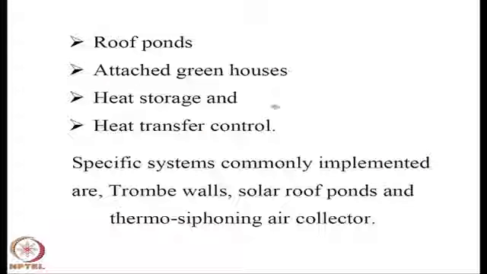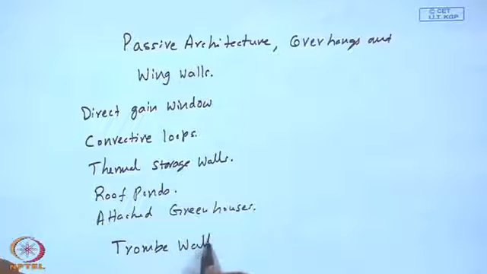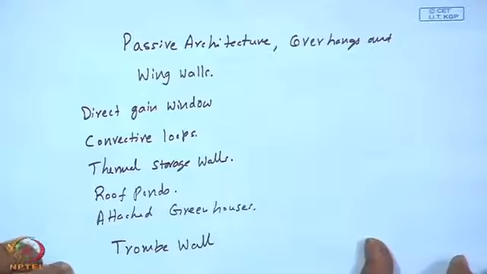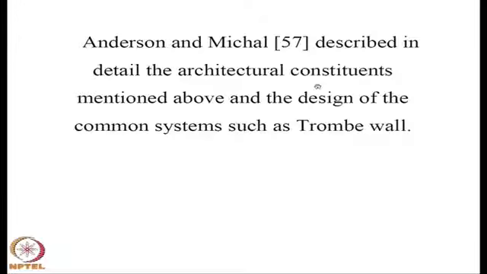Then heat transfer control and heat storage, these are general terminology that are used, and very specific systems would be, one of them is a trombe wall, and then solar roof ponds and thermosiphoning air collector.